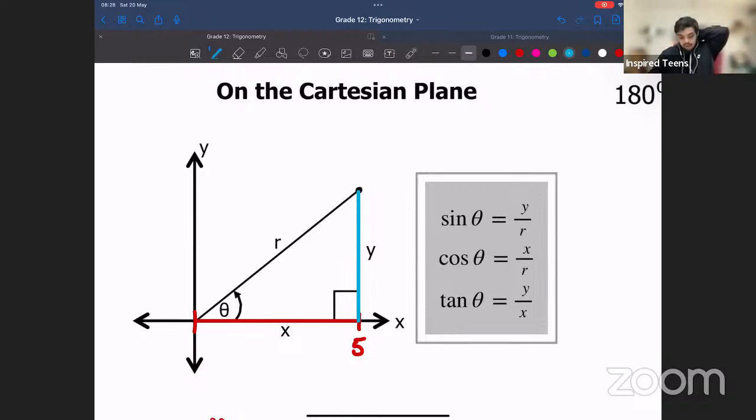Remember, if we start from y, where y is 0, and go all the way up to that point, where perhaps y has a value of 4, then since it starts from the origin, this distance is actually 4. So this distance here is the y coordinate at this point.